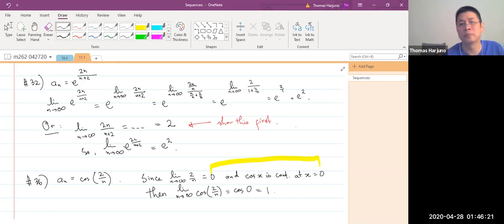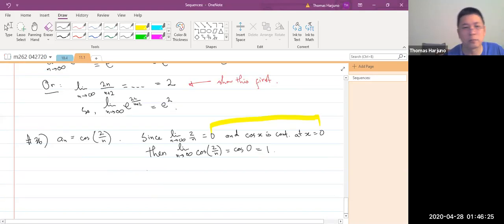Now, how about number 46? Number 46, the nth term equals 2 to the power of negative n times cosine n pi.